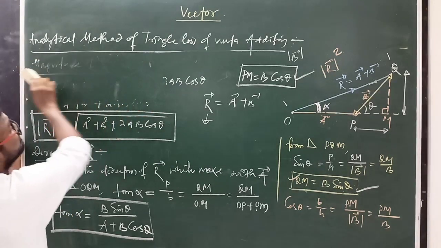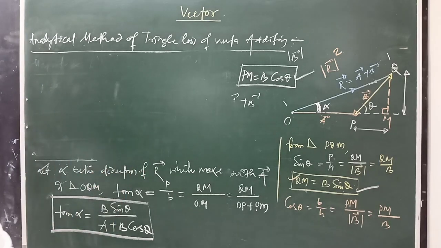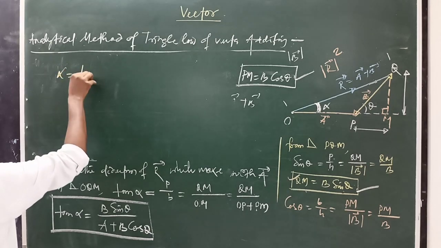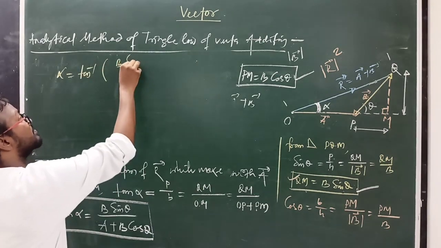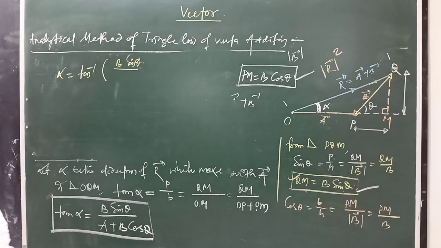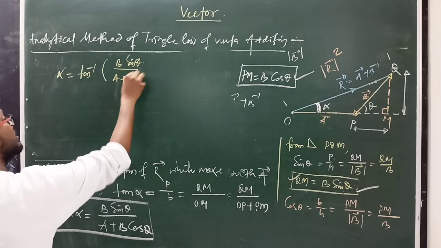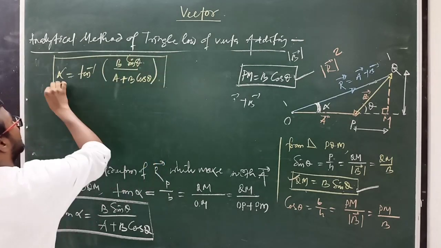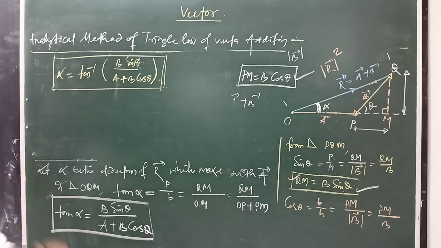So alpha equals tan inverse of B sin theta divided by A plus B cos theta. Clear? This is known as alpha, which indicates the direction of the resultant vector.